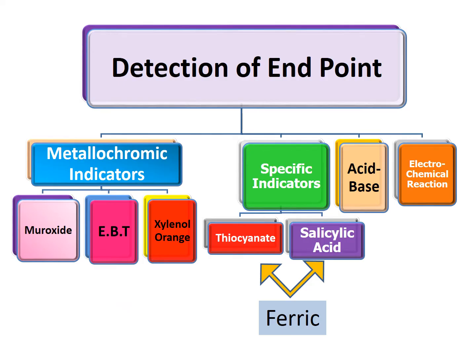So the left part is now discussed. Now the right part is discussed in brief, as specific indicators such as thiocyanate and salicylic acid. They are specific for ferric, acid-base, and electrochemical reaction.